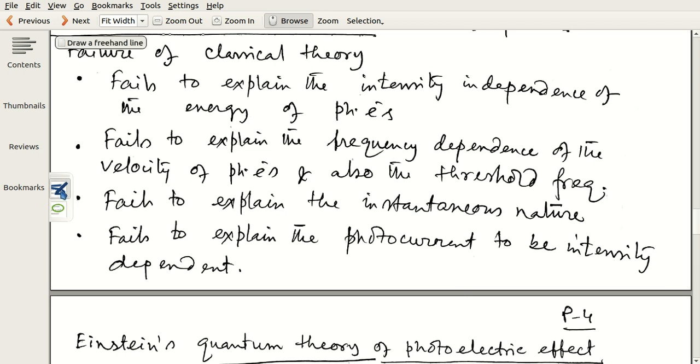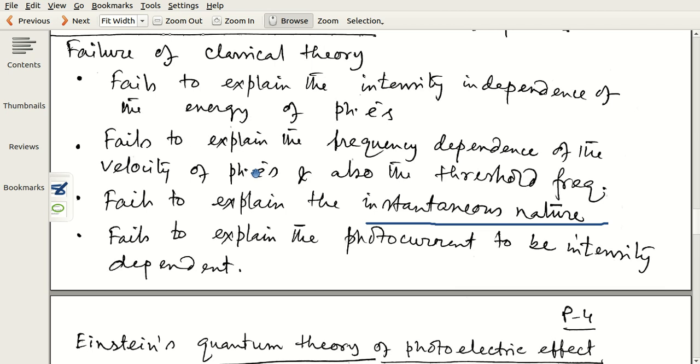Similarly, it fails to explain the instantaneous nature of the process. The classical theory shows a very high time. I have not found the value, but I learned that maybe some days or some months are needed if you want to explain it through classical theory, that light should fall on a metal plate for some days or months, and all the energies are then absorbed by the metal.